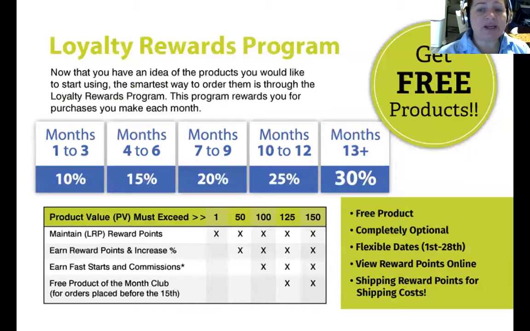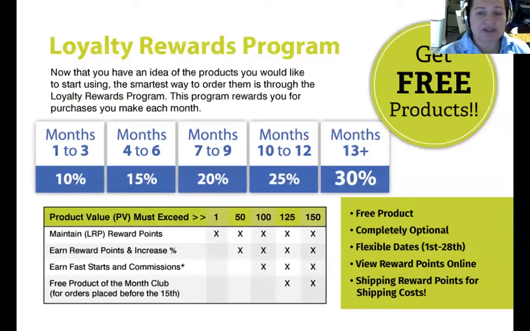So how does the increase in the reward points work? When you sign up for your loyalty reward program, you start with 10%, plus a full return on your shipping fees. Every third purchase of 50 points or more, your percentage of return increases. 1 to 3 months is 10%, 4 to 6 months is 15%, 7 to 9 months is 20%, and it caps at 30.